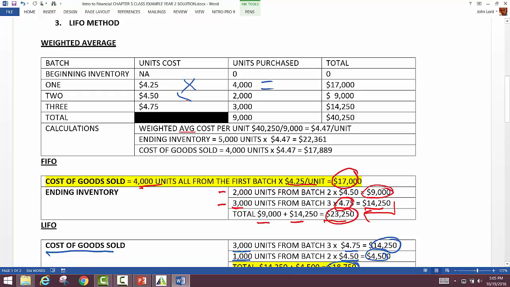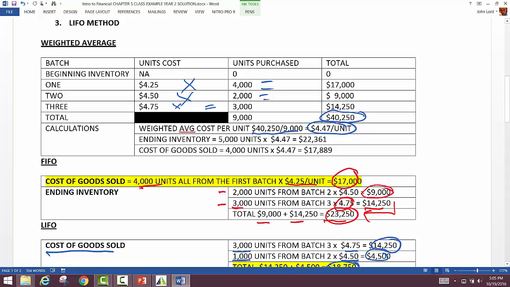Then we purchased 2,000 at $450, just going through the batches. And then we purchased 3,000 at $475. So we paid a total of $40,250, didn't we? And we purchased 9,000 units. That gives us a weighted average price per unit.